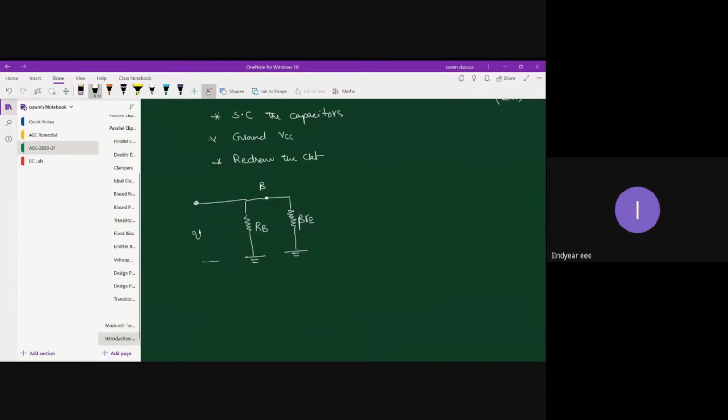This is where you feed your input, Vi, minus and plus. This is your Ii, and this is your IB. That's on the input side. On the output side, you have the controlled source, beta times IB, and the collector terminal.